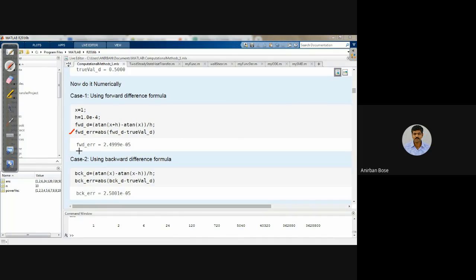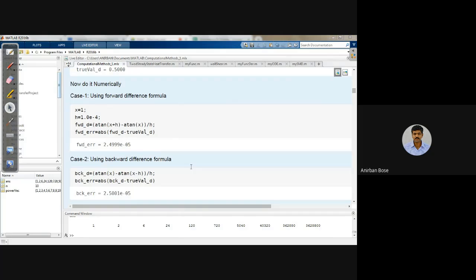Here you can find the error coming from the numerical calculation is in the order of 2.5 into 10 to the power minus 5, if you consider h as 10 to the power minus 4. Now using the backward difference formula, in exactly a similar way, you will get that the order of error is almost the same. You see 2.5 into 10 to the power minus 5 in case of backward difference.